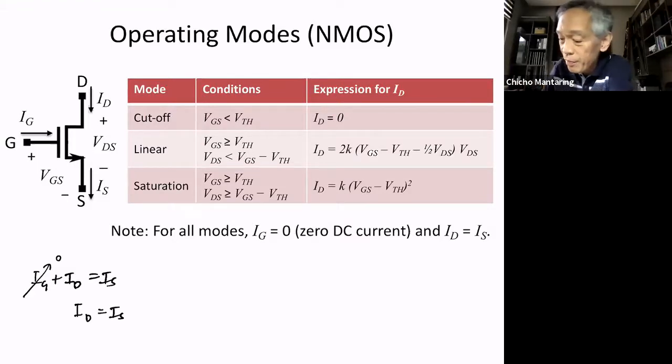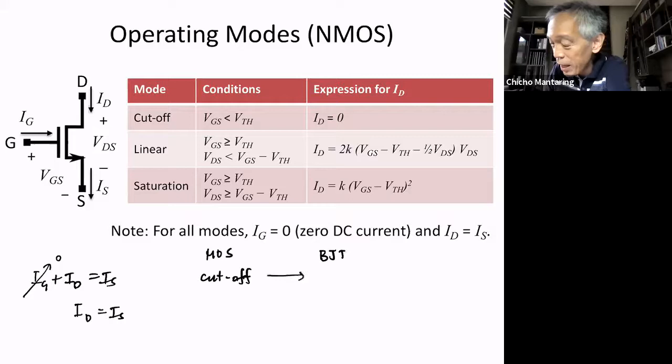Okay, you have the linear mode. What is similar to the linear mode in the MOS transistor is the saturation mode of your bipolar transistor. If I compare the MOS transistor and the BJT, cutoff is the same as cutoff.